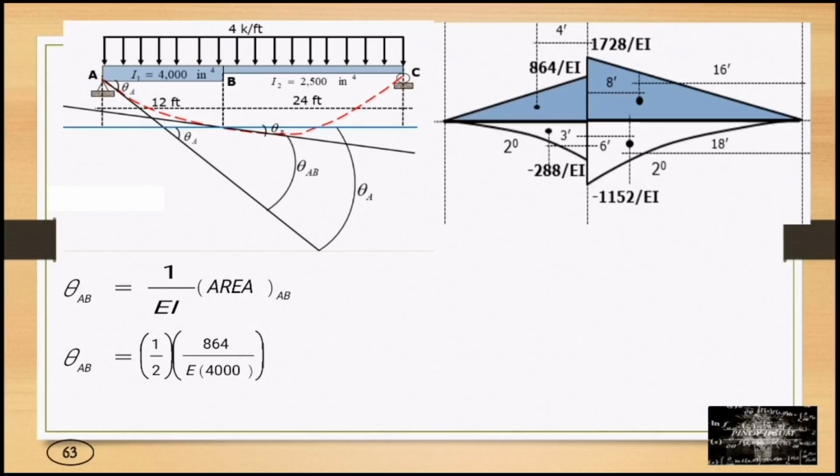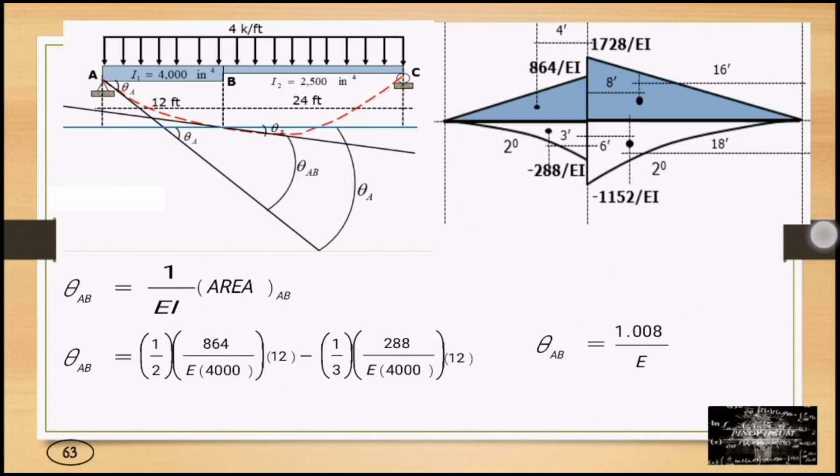So yung value ng I is equal to 4,000 times 12 minus 1/3 times 288 over E times 4,000 times 12. So ang theta AB natin is equal to 1.008 over E. Okay?